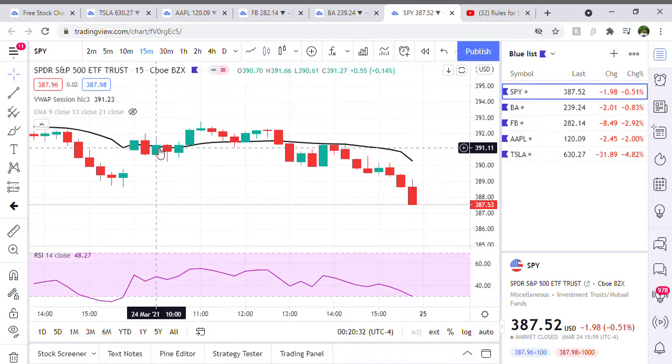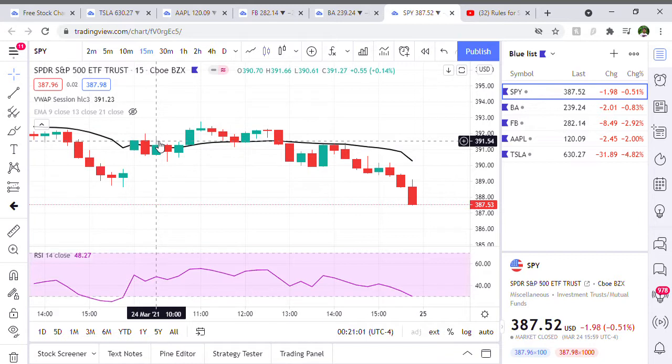Next candle, 10 a.m. to 10:15, I don't have a direction. When I say I don't have a direction, what do I mean? A complete candle should be above the VWAP line. That is when I say this stock is having a direction.